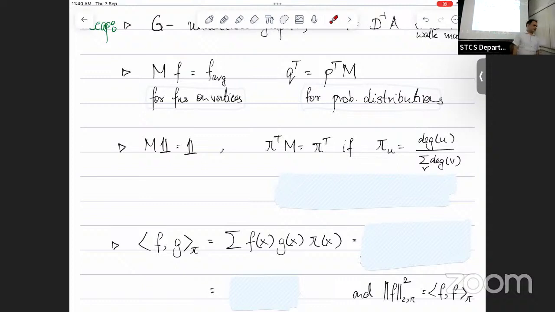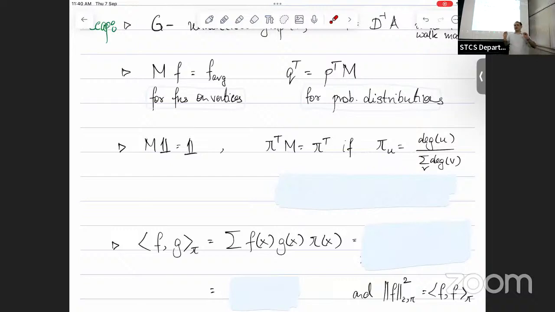Okay. So we notice that from the perspective of column vectors, the trivial eigenvector was the all ones vector, because if you average a constant vector, it's going to stay constant. Whereas from the perspective of row vectors, which are probability distributions, the trivial, in quotes, probability distribution such that pi transpose M equals pi transpose is this particular stationary distribution.